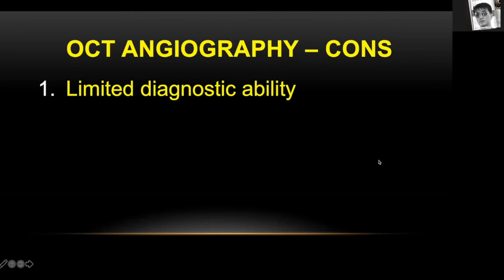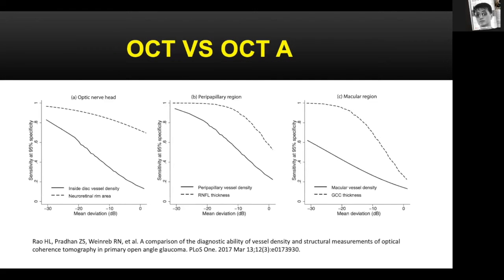Now let's think about the cons of OCT-A. First of all, OCT-A has limited diagnostic ability. Most of the articles show that OCT still outperforms OCT-A in terms of glaucoma diagnostic ability. AUROC values were consistently better with OCT parameters such as neuroretinal rim area, RNFL thickness, or GCC thickness than those acquired by OCT-A vessel densities.